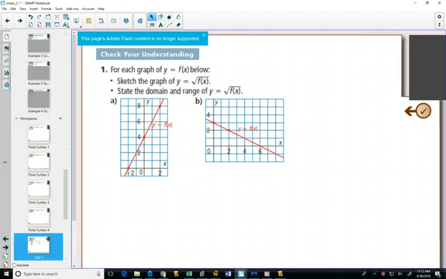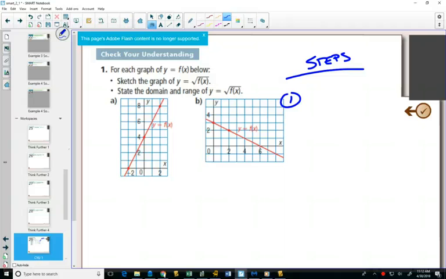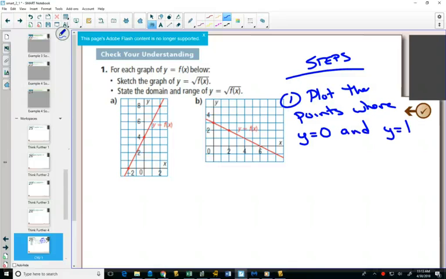So if we want to write out our steps off to the side here, we're going to plot the points where y is equal to 0 and y is equal to 1 on the original graph, if they exist.